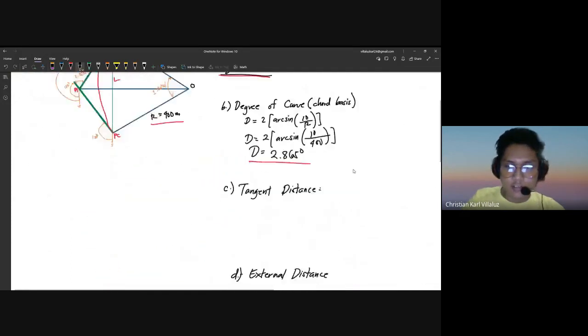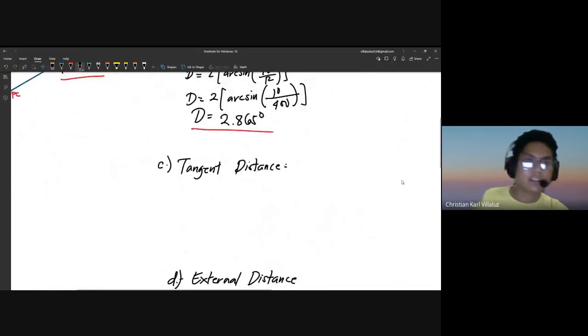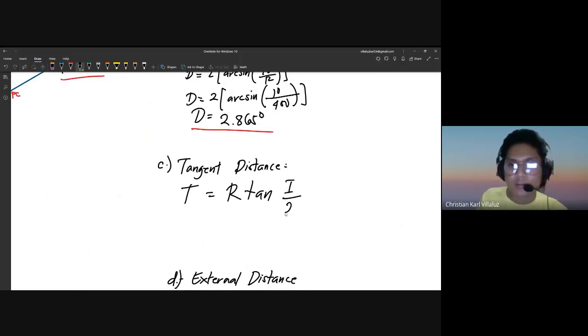So for the tangent distance, the formula is T equals R tangent I over 2. Substitute R, 400, then tangent of I over 2.